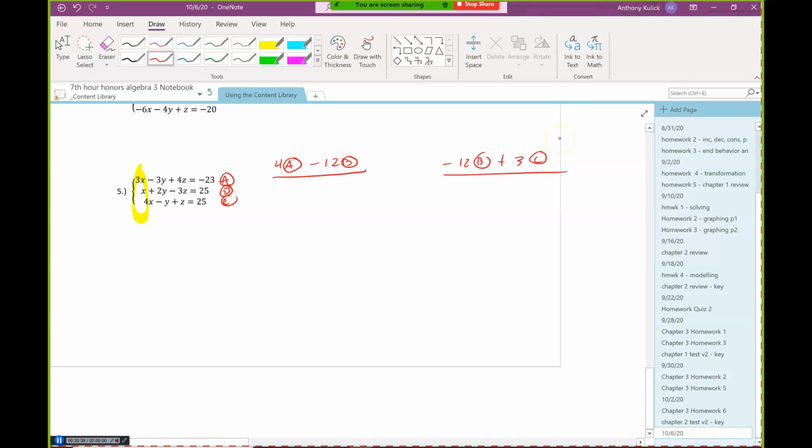Okay. Just keep in mind that you could have just done a minus 3 times b, and you could have done negative 4b plus c, and the numbers will be a little bit smaller for you. That usually helps out a little bit, but what we've done here is not incorrect.